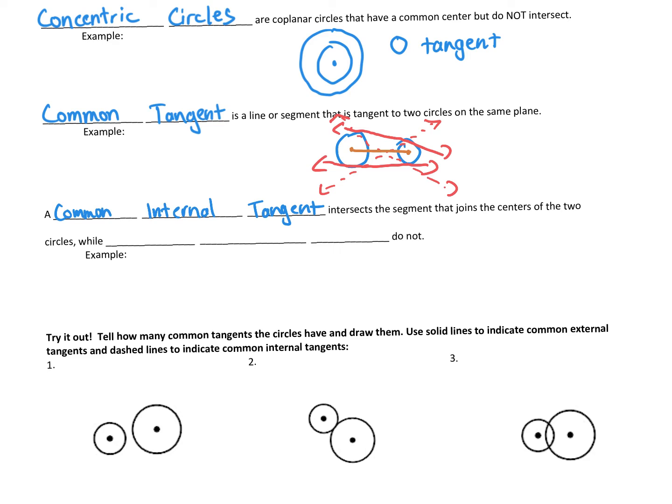If the tangent line crosses that line, then it's an internal tangent. And if it doesn't, that's why it's an external. So that's why we draw the ones on the outside with a solid straight line, to indicate external, and the dotted line to indicate internal. So a common external does not intercept that segment.